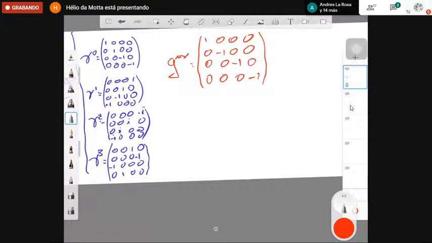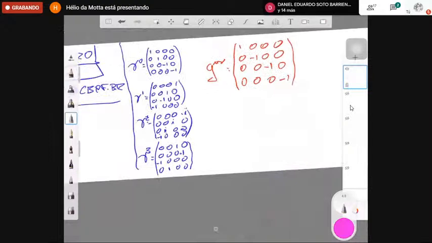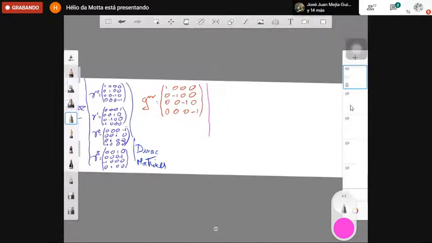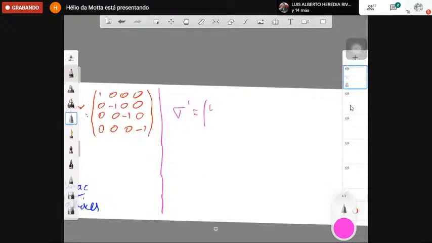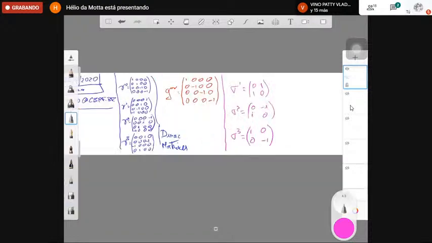Just for reference, just for us not to forget, those here are the Dirac matrices, and all the matrices that are important are here, and those are the Pauli matrices.